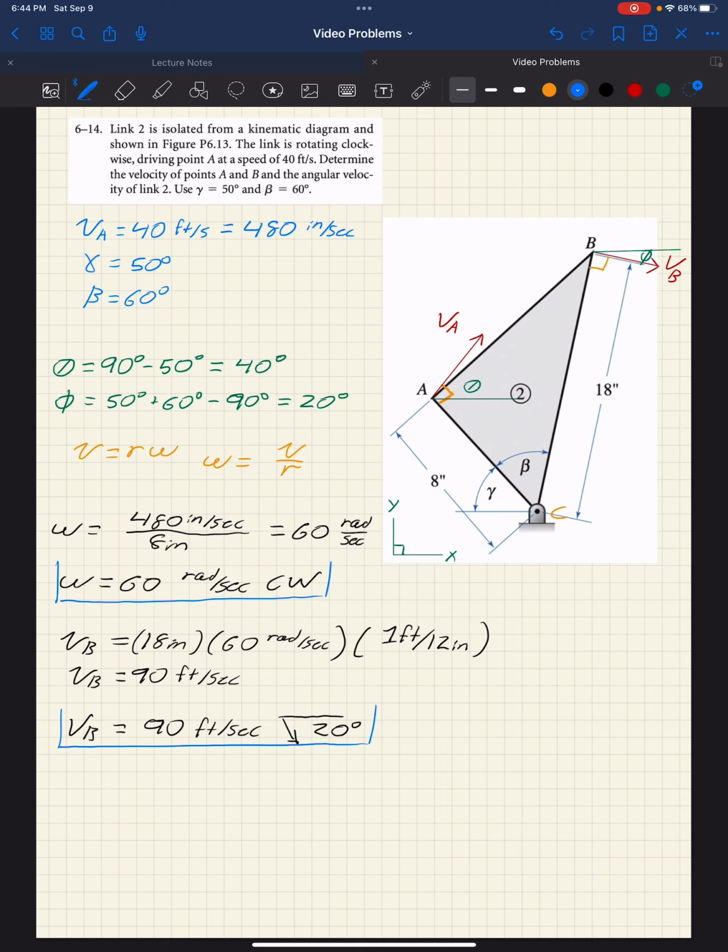Let's go ahead and write VA. The velocity at A is equal to 40 feet per second, and it's oriented 40 degrees off of the horizontal.